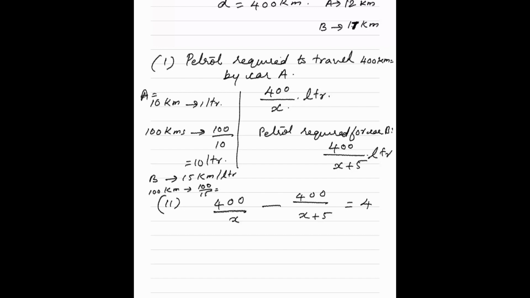You're getting me? So now 100 by 10 minus 100 by 15 is equal to 4. That means car A takes 4 liters more than car B. That's all. So again, here you can divide by 4. This gives you 100 by x minus 100 by x plus 5 equal to 1.